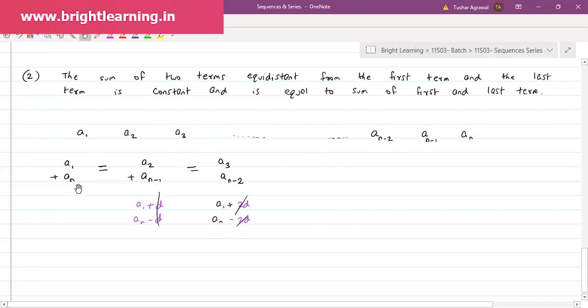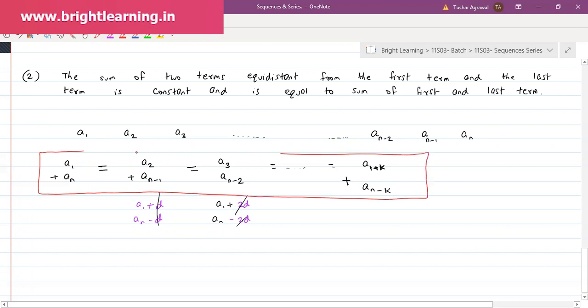The generalized result is A1 plus An equals A2 plus An minus 1, equals A3 plus An minus 2, equals A(1 plus k) plus A(n minus k).